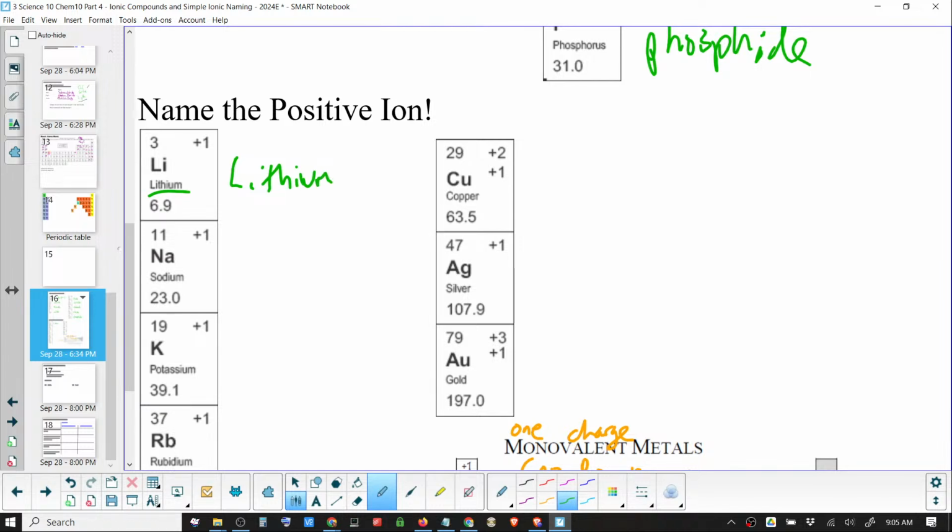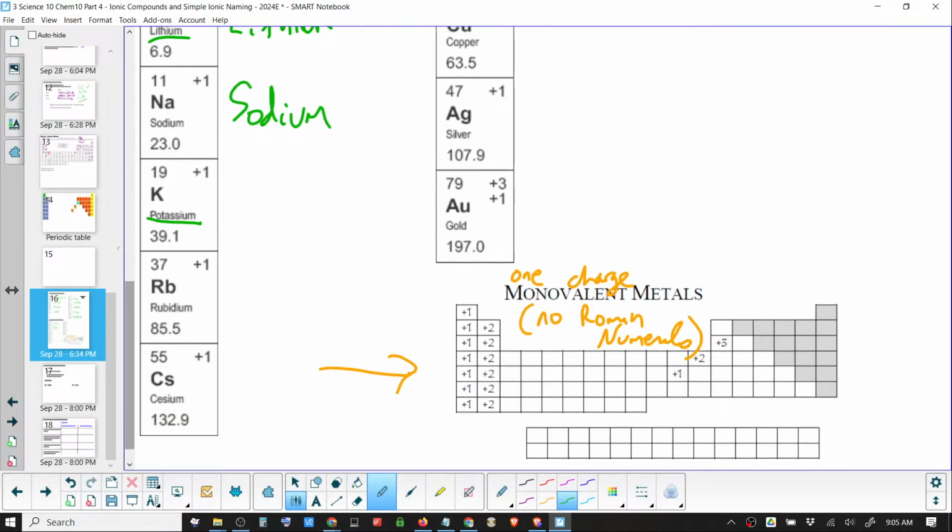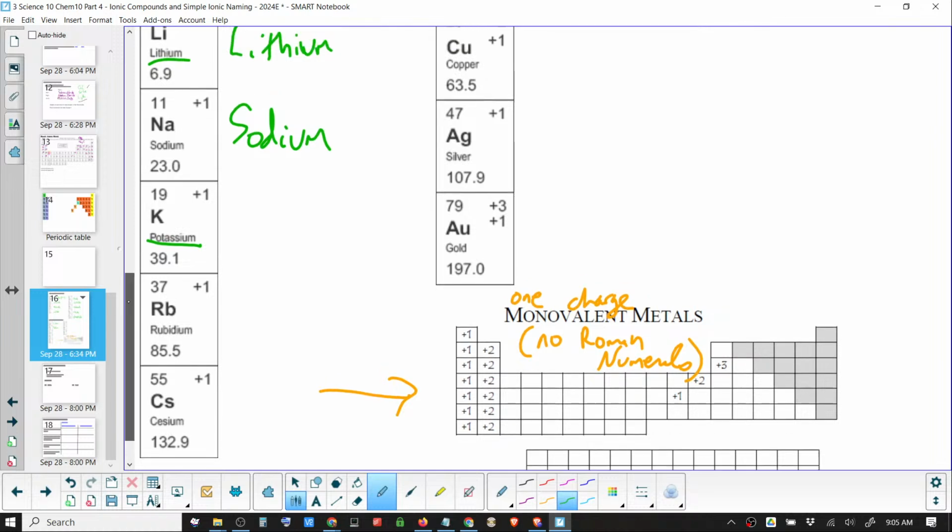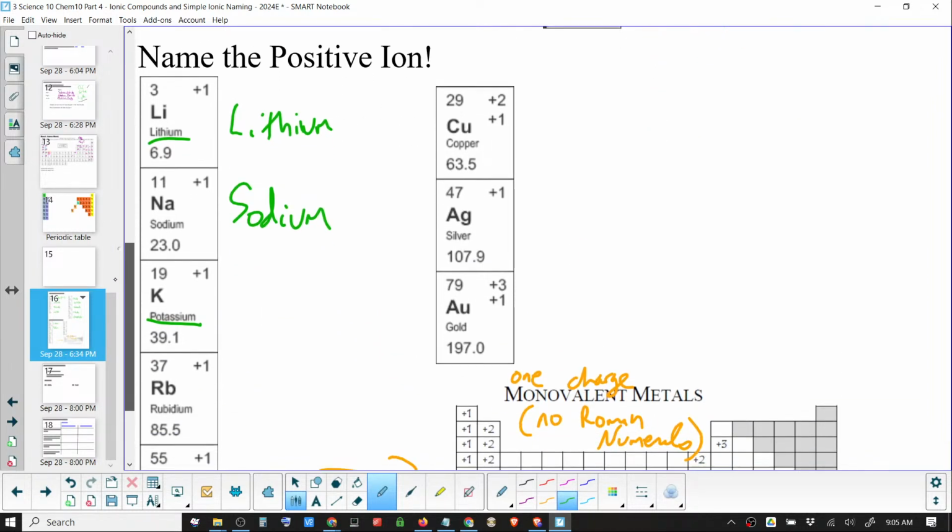See? What do we call sodium when it's an ion? Yuma. Sodium. This is just here to belabor the point that we don't change the names of the metals. They all stay exactly the same. So they don't have a special name when they become an ion. Only the non-metals get to have a special name when they become an ion.